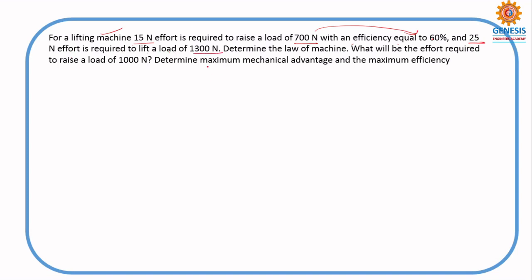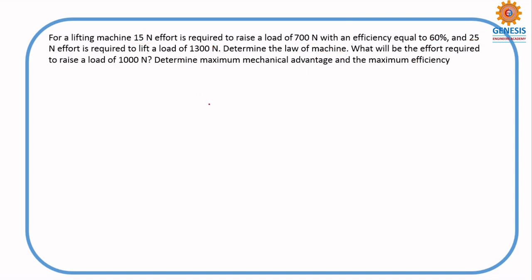So he is conducting an experiment to find out the law of the machine. He has applied 15 newtons to raise this one, and to raise the other he has applied 25 newtons. Determine the law of the machine and the effort required to raise another load. First you have to find out the law of the machine, then from that law you have to find out the other things.